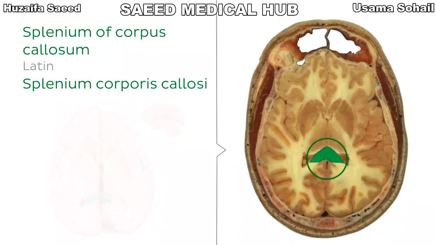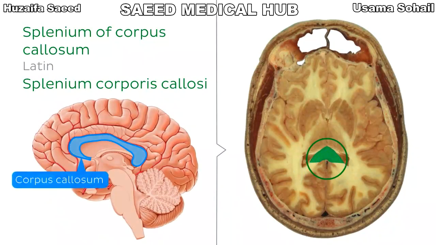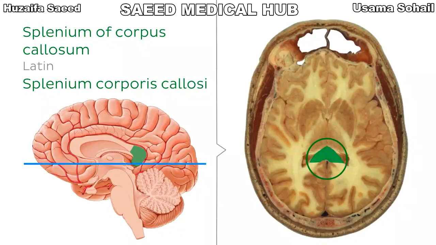The corpus callosum itself is split into several sections, with the posterior being the splenium. The splenium is the only part of the corpus callosum that we can see at this level, and it is the only section that lies inferiorly enough to appear at this particular level of the cross-section.